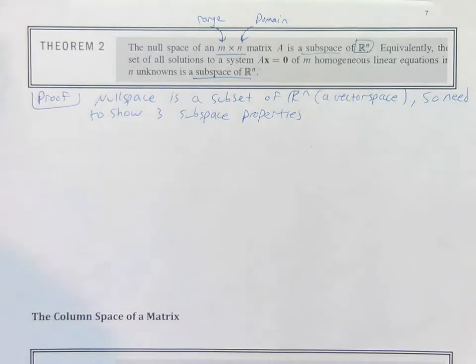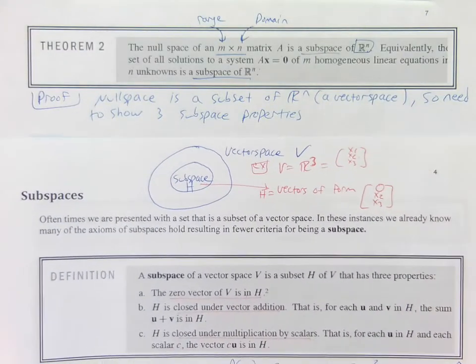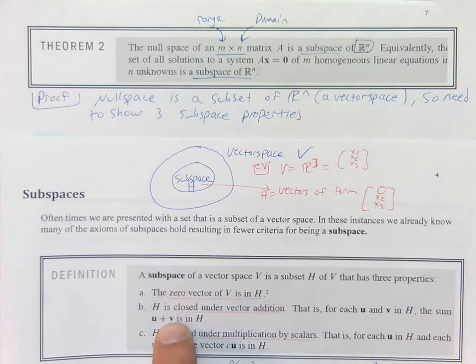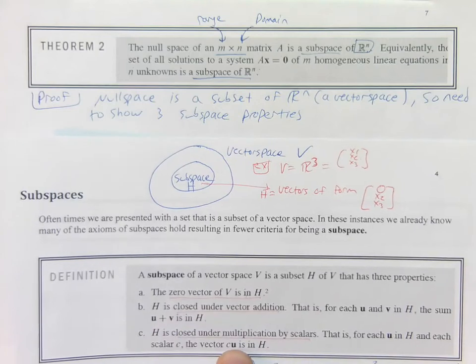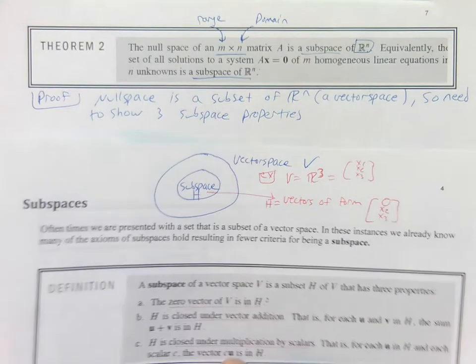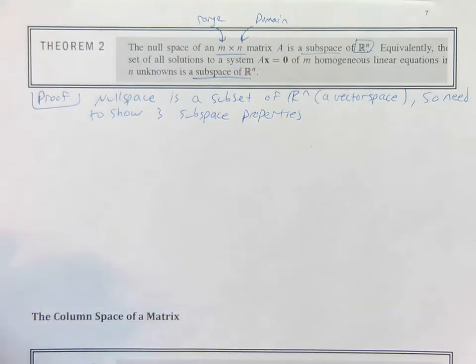As a quick reminder, the way we show the three subspace properties is we pick two items in the space, a u and a v, and then we show that 0 is in our space, the sum of two vectors stays in the space, and scalar multiples stay in the space. So let's pick two vectors in our space.